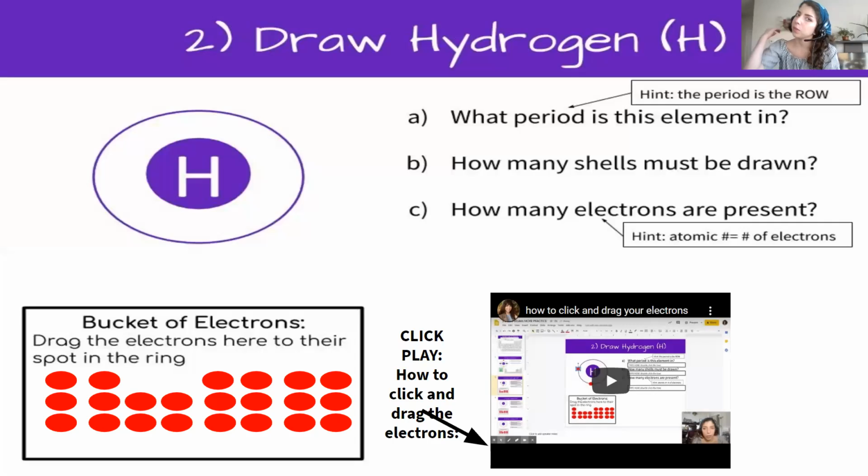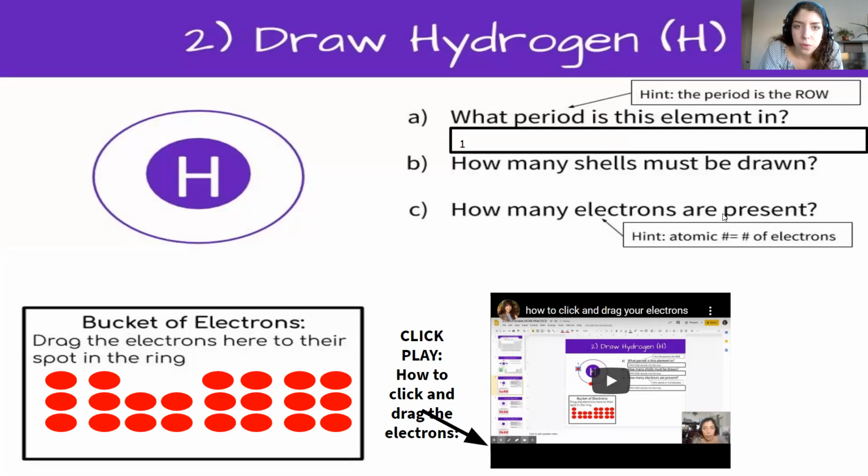Finally, we're going to review how to draw an atom. This is actually number 2 on your worksheet today. So here are the steps. I want to fill out A, B, and C, and then I'm going to drag my electrons. So first I need to go to my periodic table and find the element. I did that ahead of time, and I know that hydrogen is in the first row or the first period of the periodic table.